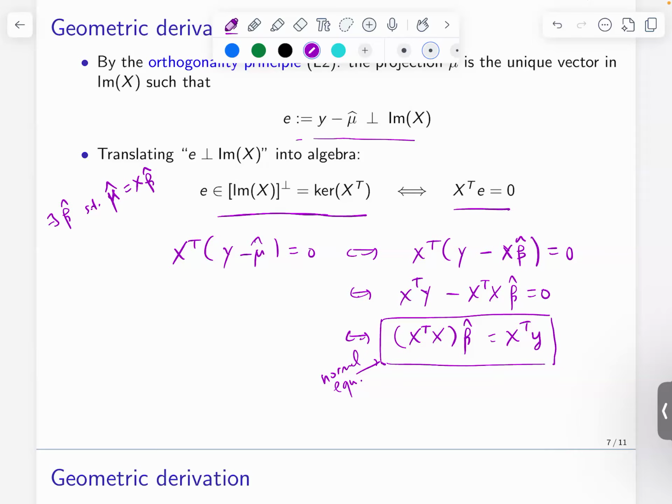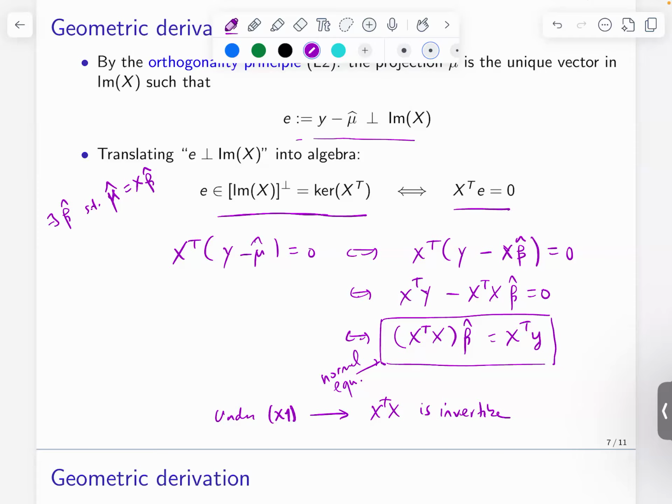So this holds regardless of whether X has full column rank or not. We haven't used that fact yet. But if X has that property, under that X1 assumption, then X transpose X is invertible. This you can verify. And so this system will have a unique solution. Otherwise, this system will not have a unique solution, and this is a manifestation of non-identifiability of beta.